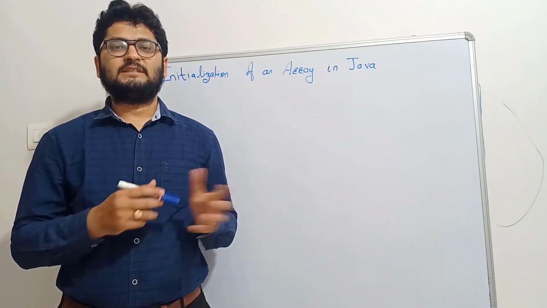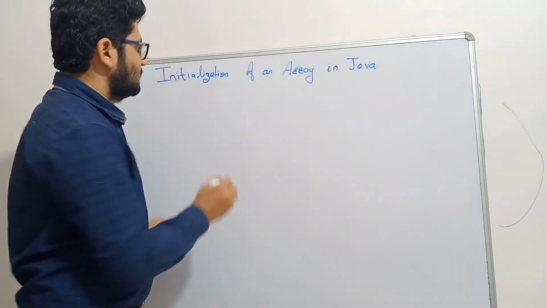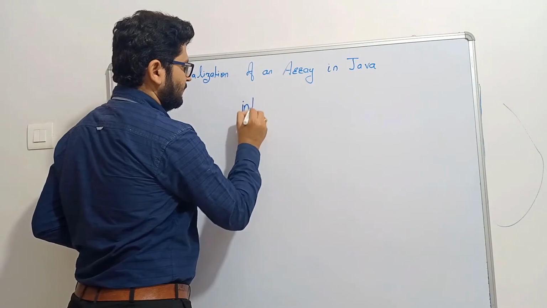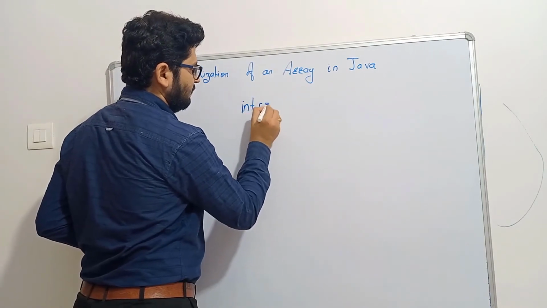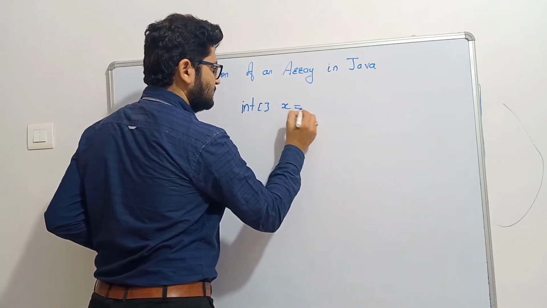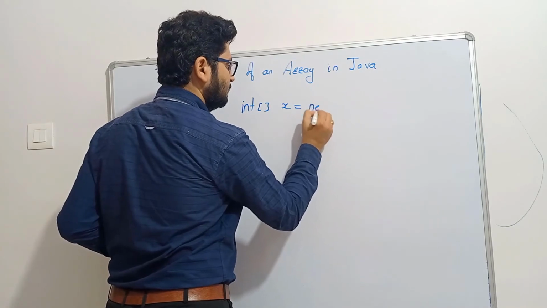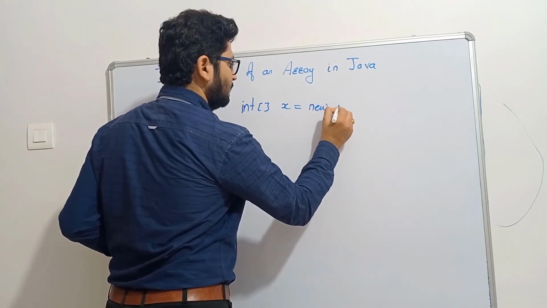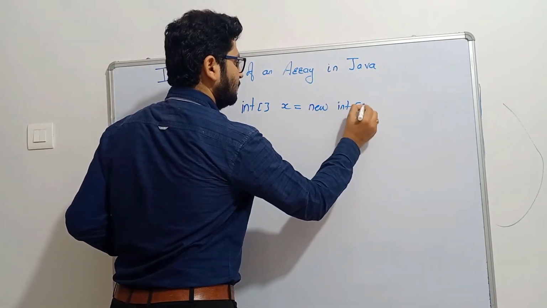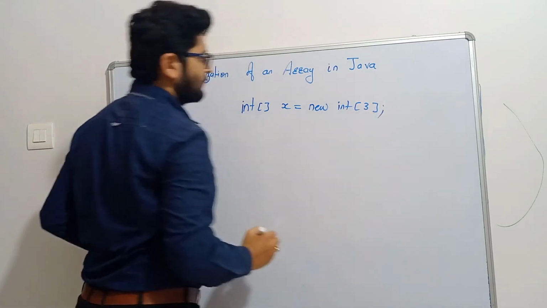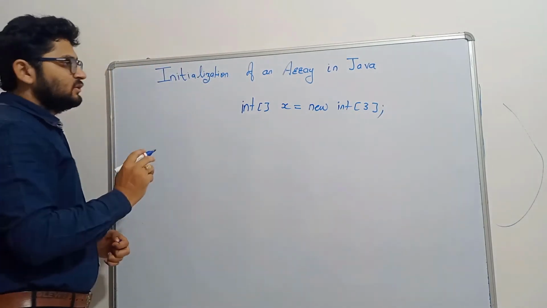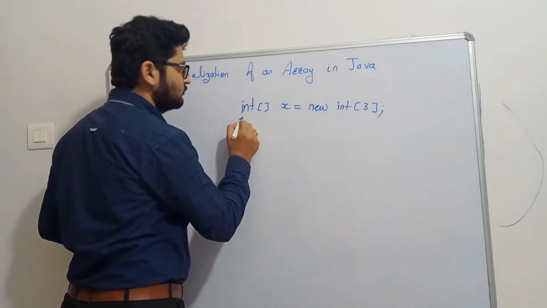Let us now see the initialization of an array. So for that, let me create one array. x is equal to new int[3]. So whenever I am going to execute this line, what is this line going to do?